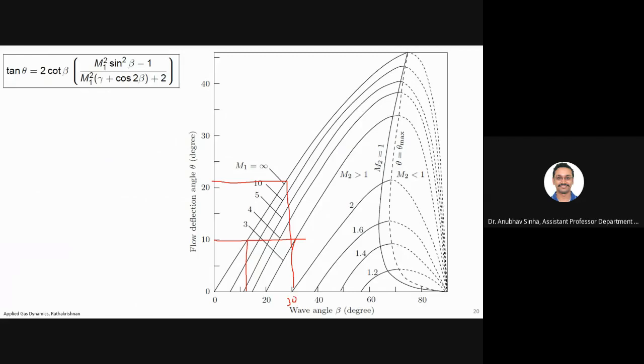For Mach number 3, roughly it is 10. So at Mach number 3 and 30 degree wave angle, I have 10 degree theta, and if I keep on increasing the Mach number, let us say at 10 I have 20 degree.